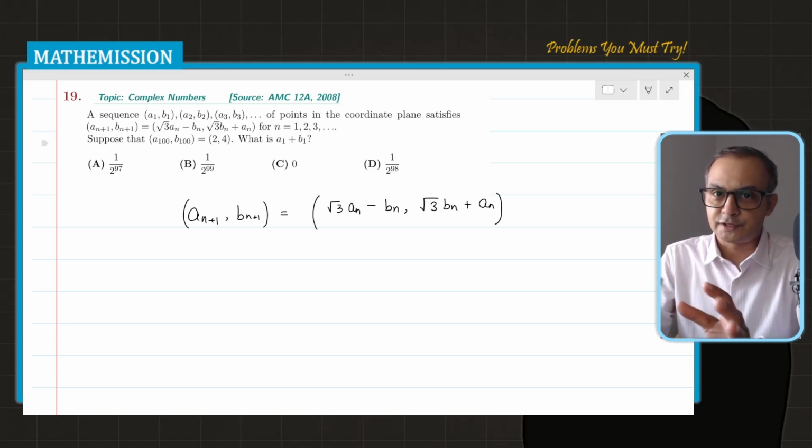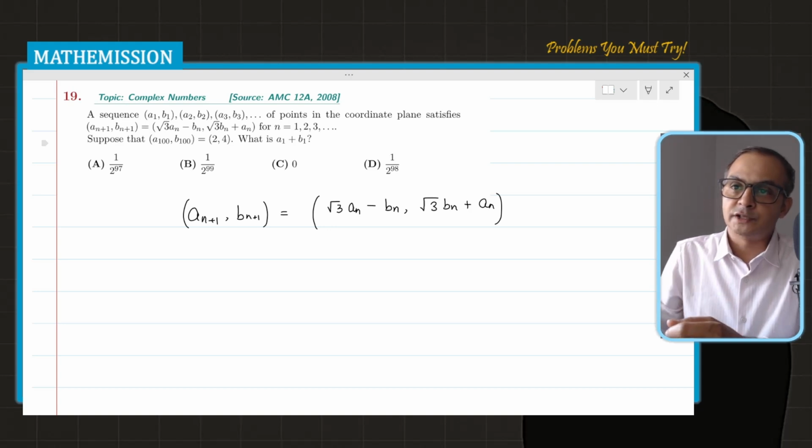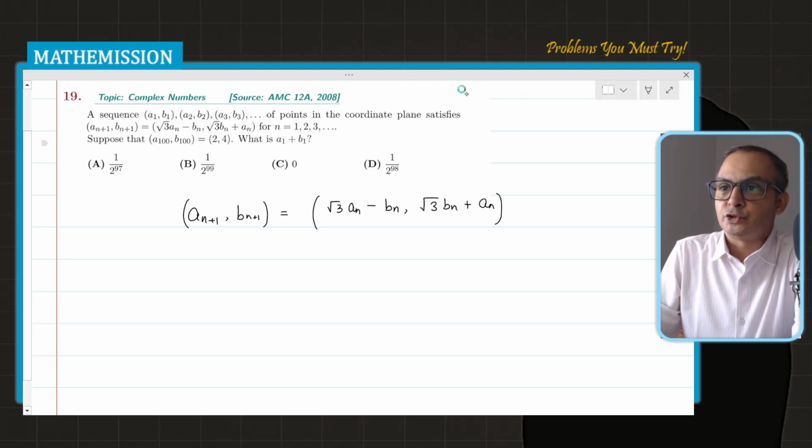So at first look, the question seems to be from sequences or maybe some trigonometric thing, because this root 3 is actually indicating to apply trigonometry.